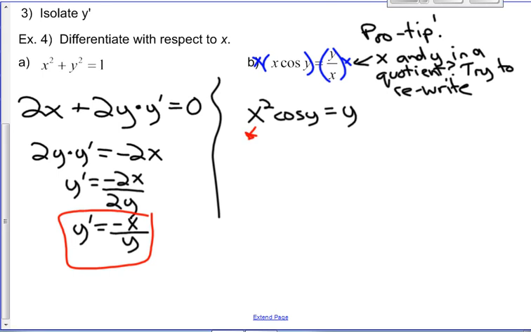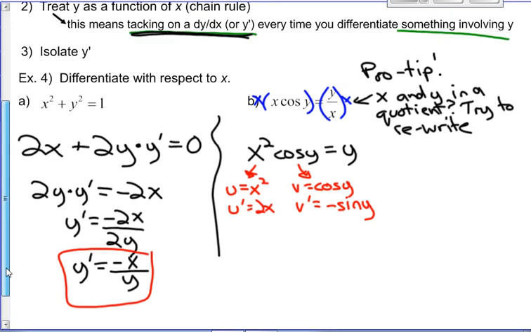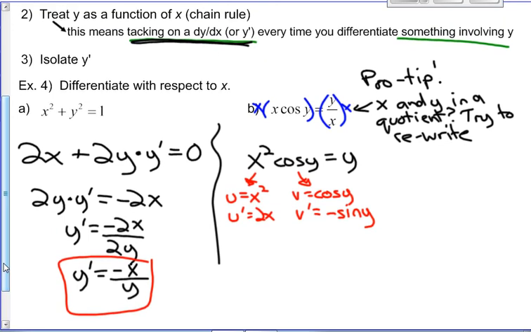So if I were to write all the steps, I'd say u is x squared, u prime is 2x. V is cos y. V prime is going to be negative sine y. But I just differentiated something involving a y, so I need to tack on that y prime.